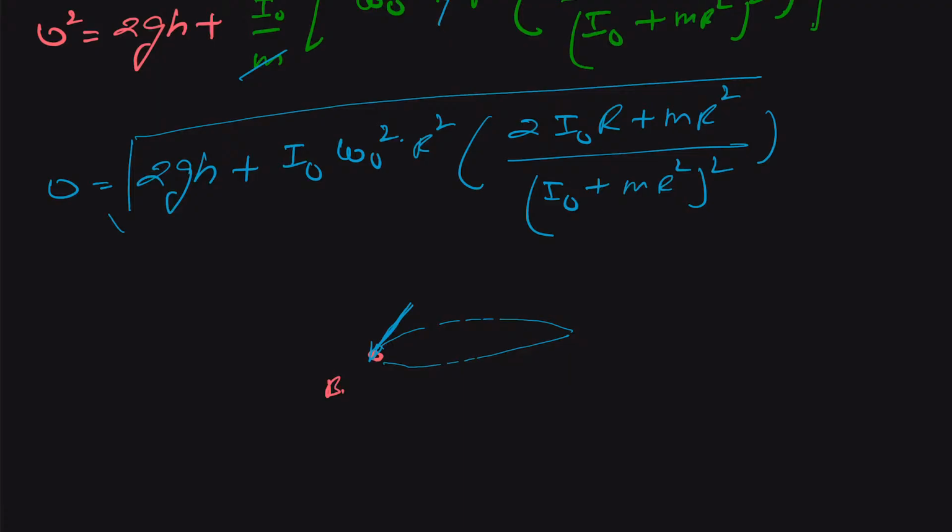One will be the tangential component of the velocity, another one will be down the groove, and the net will be somewhere here. The tangential component will be omega times r, and we have v groove. This will be our final velocity. So it will be something like this. Just at the bottom it is going to have two components.